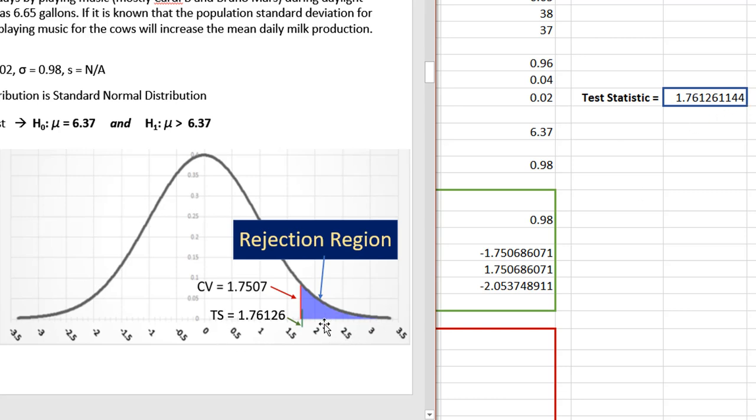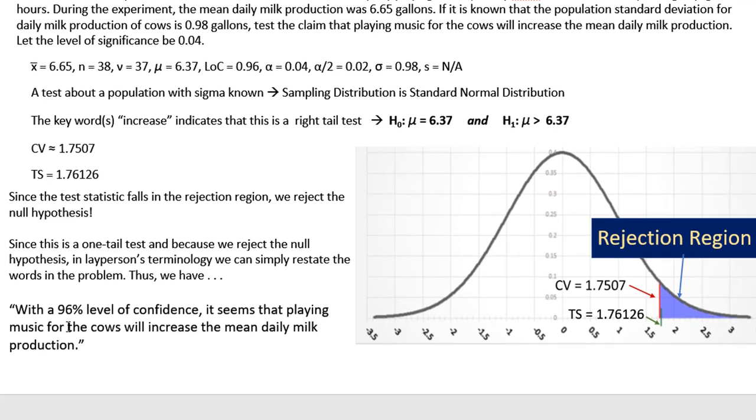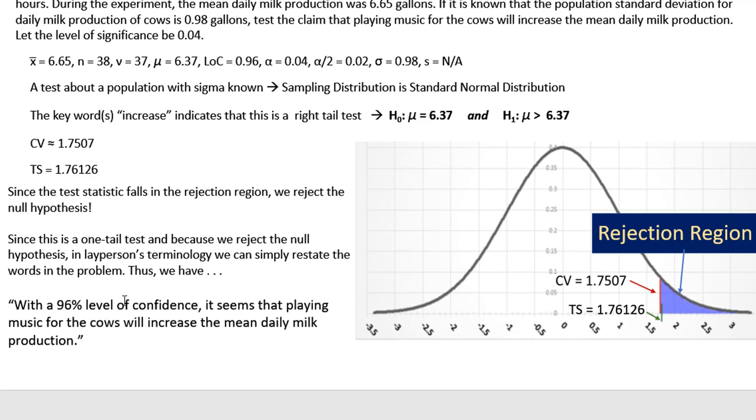And the test statistic does fall in the rejection region, so we reject the null hypothesis. And since we reject the null hypothesis, we can say with a 96% level of confidence, it seems that playing music for the cows will increase the mean daily milk production.